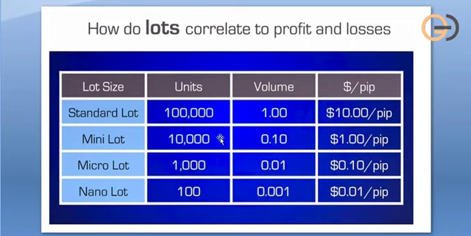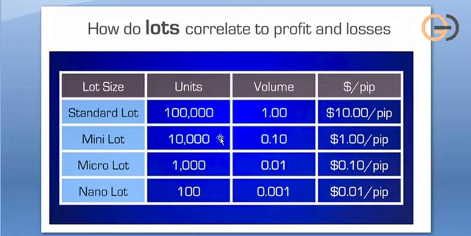Now for a $10,000 account, you can use a volume of 0.10, which of course will give you $1 per pip movement. So imagine the price moves 25 pips in your favor, you have gotten $25. So you see how you use the pip to correlate with the lot size and the volume. Is that okay?